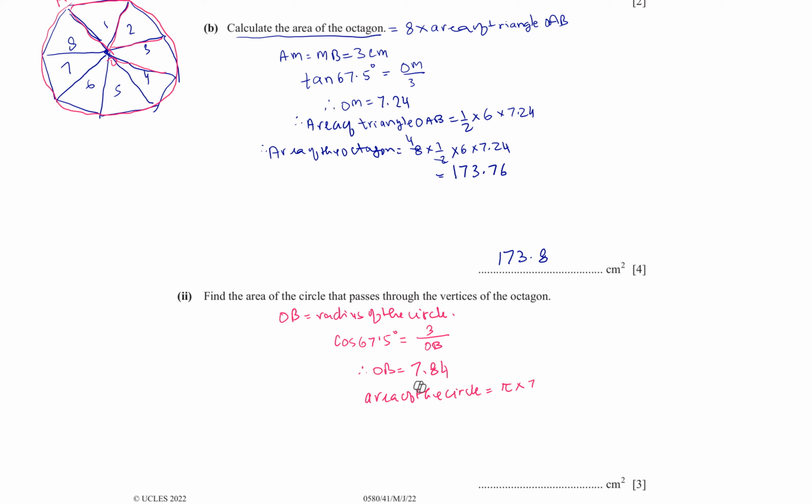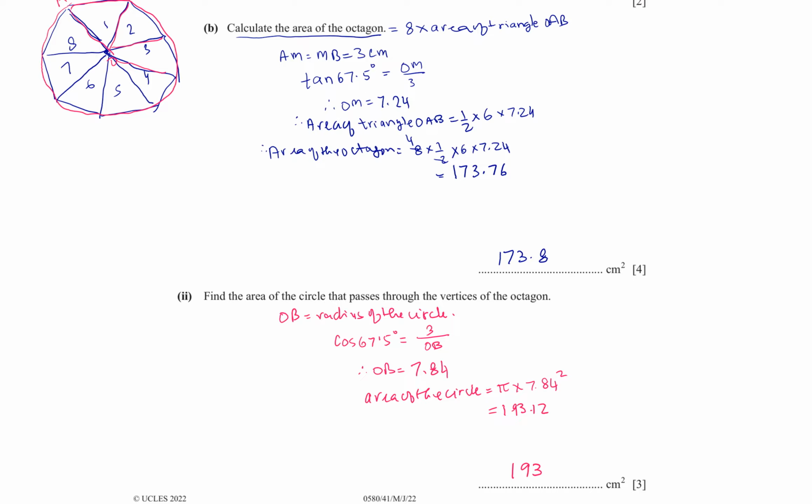So the area of the circle would be pi times 7.84 square. So then we get 193.12. So I can write it as approximately 193 centimeters square, which is the correct answer.